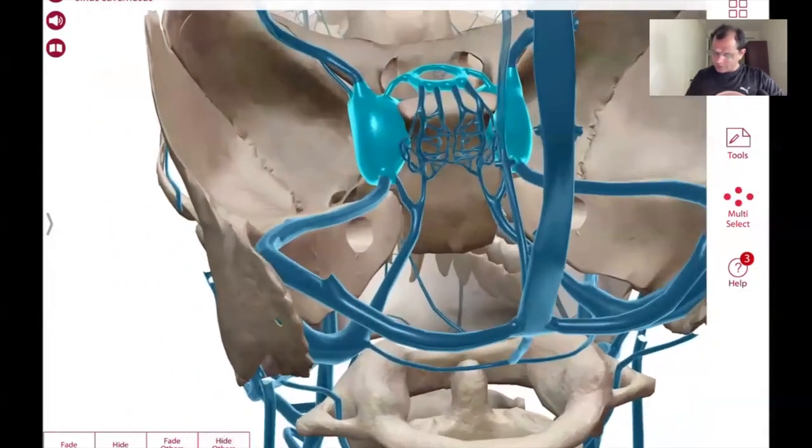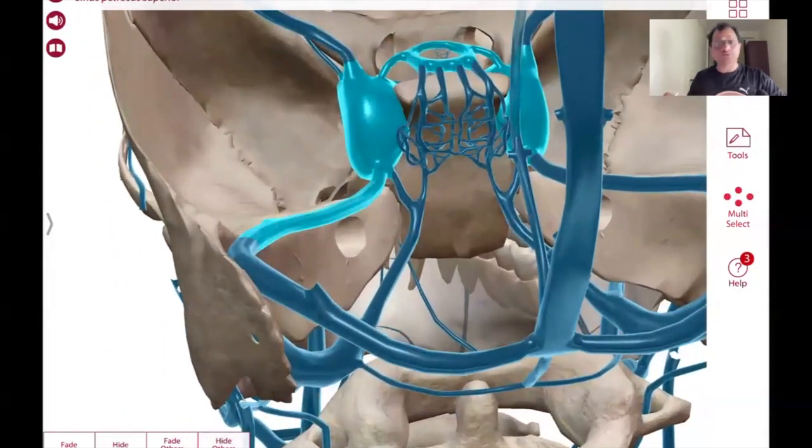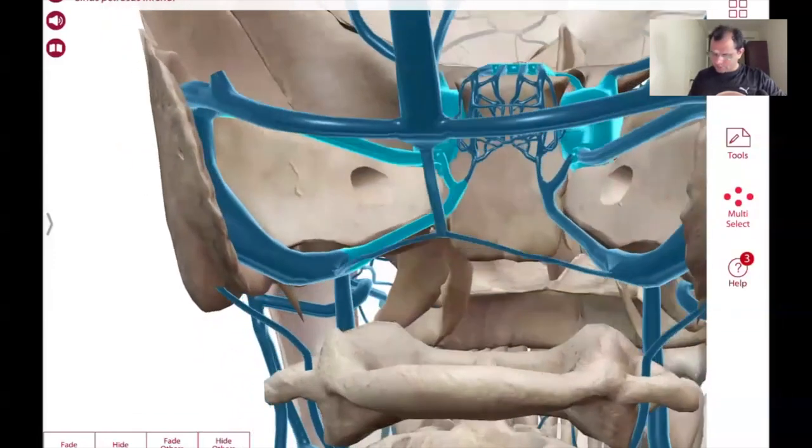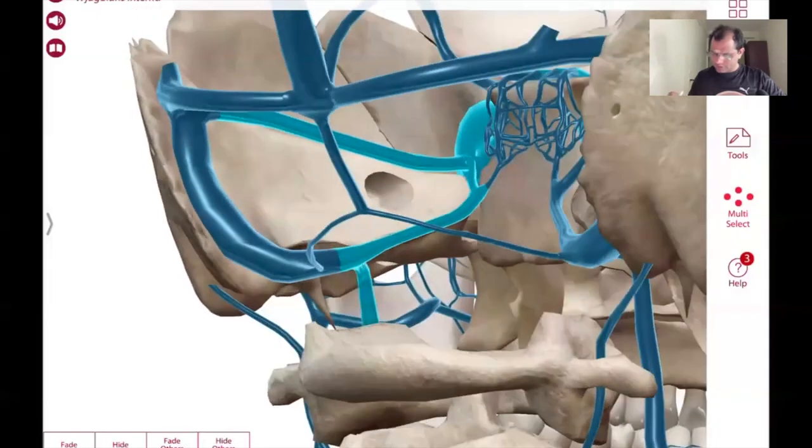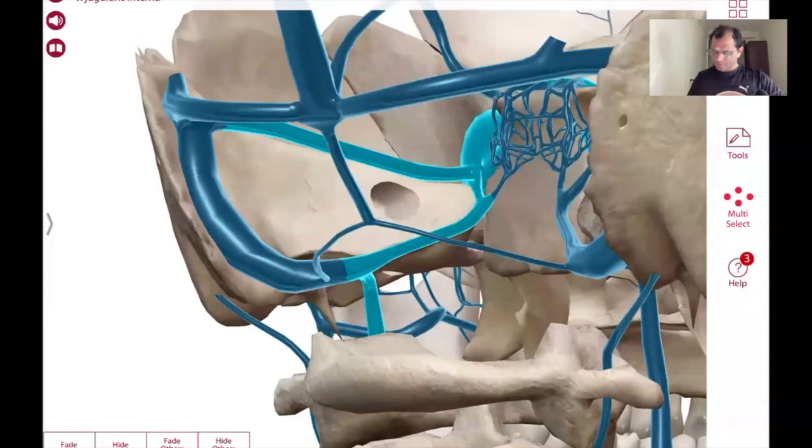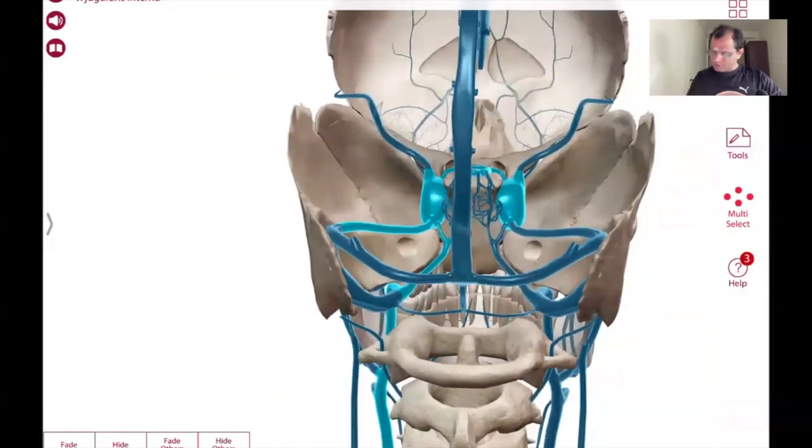Now from the cavernous sinus, this is the superior petrosal and the lower one is the inferior petrosal, bringing the blood. The inferior petrosal goes directly into the internal jugular vein. But the superior petrosal is coming into the transverse sinus.